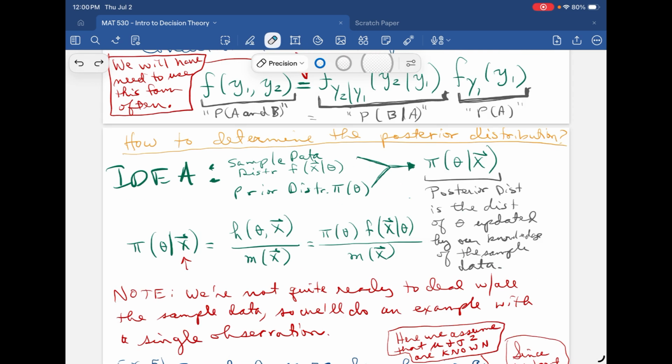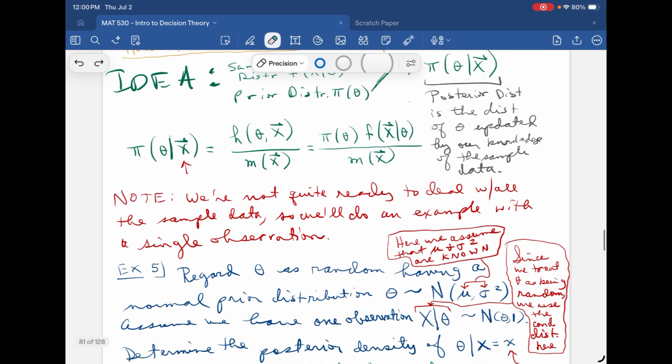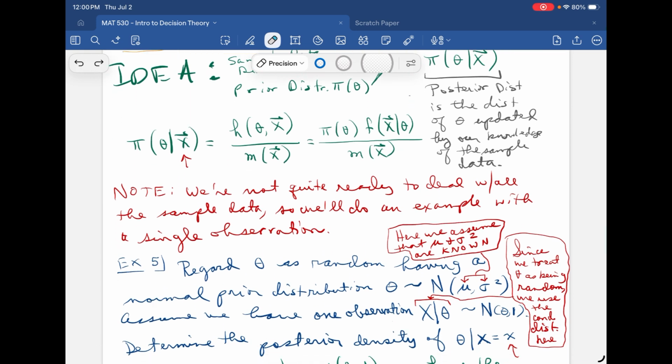For the first example, we're not going to deal with a whole vector of data, like a whole big random sample. We're just going to deal with one observation. This is a dumbed down version of an example that's in our textbook.